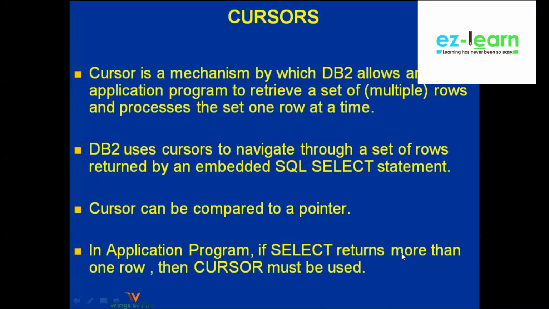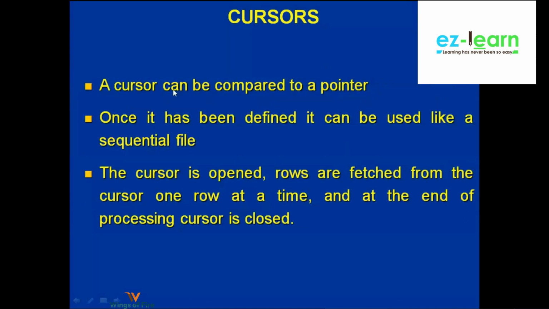I'm repeating this again and again because it's a very important concept. Once it has been defined, it can be used like a sequential file. That's what open, fetch in a loop, close means. The cursor is opened, rows are fetched one row at a time in a loop, and at the end of processing, the cursor is closed.